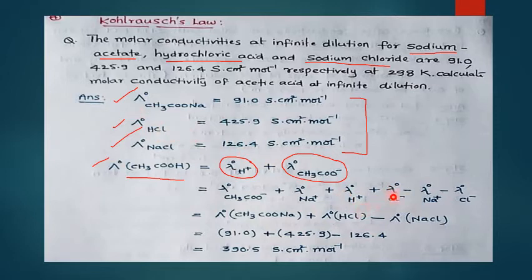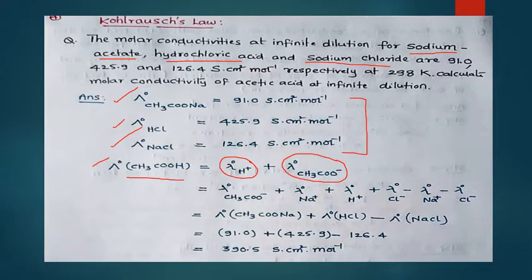Okay. But next one, NaCl is there. You want CH3COO minus and H plus, but you don't want Na plus, and at the same time you don't want Cl minus. So they should be removed. So what is left here? NaCl. Is any term of NaCl present in your required data? No. So take minus lambda Na plus and minus lambda Cl minus. Now this minus Na plus and this one get cancelled, and this one cancels with this one.